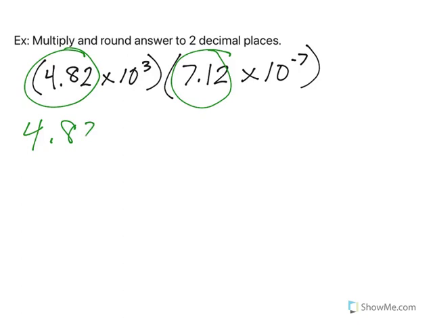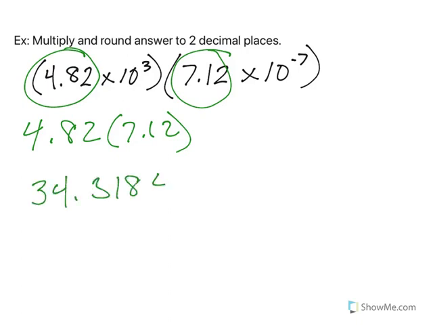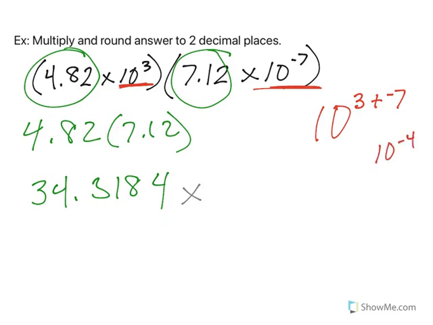So 4.82 times 7.12, and I get a beautiful answer of 34.3184 times, thinking about our exponential rules. If I have the same base and I'm multiplying, that means I add the exponent. Base stays the same. Exponent plus exponent. And 3 plus negative 7 is negative 4. So that gives me 10 to the negative 4th.